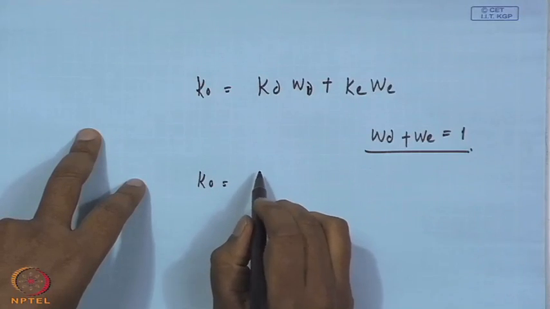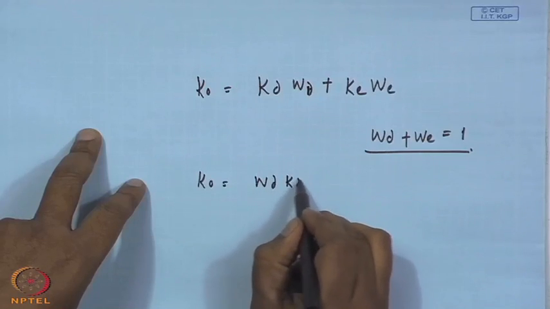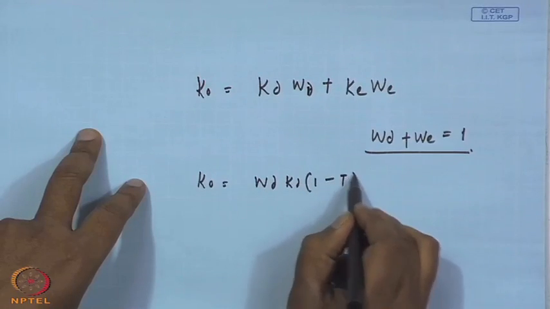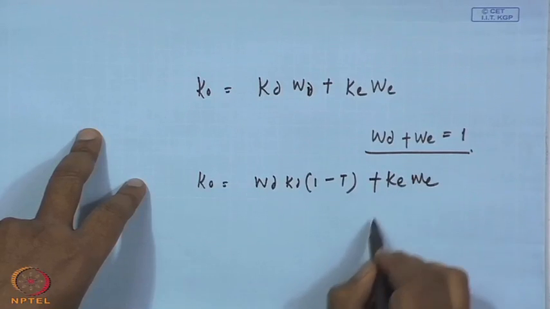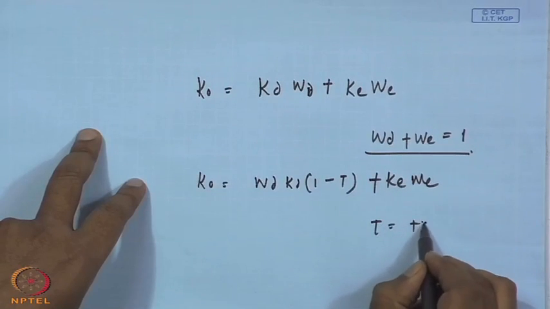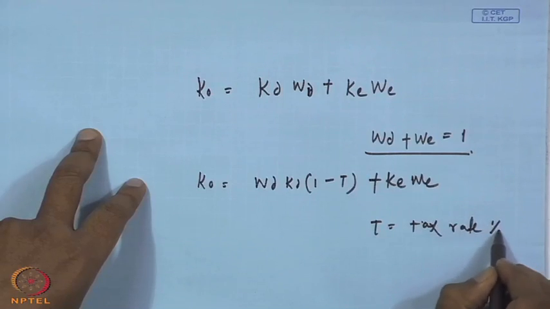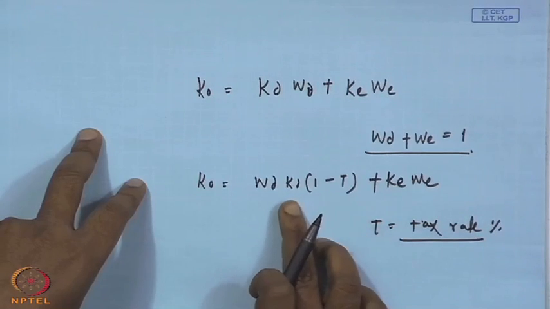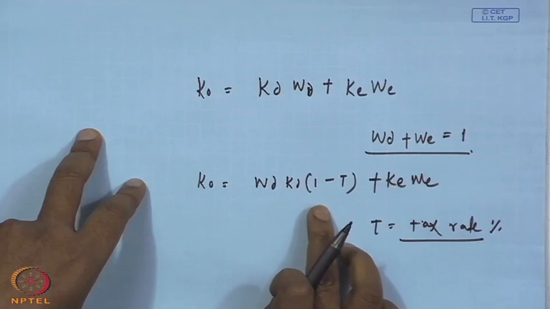Here we have to understand that when we mention that KD into (1 minus tax rate) plus KE into WE, here T is the tax rate in percentage. So, the amount of debt reduces the cost of debt in the form of tax rebate.